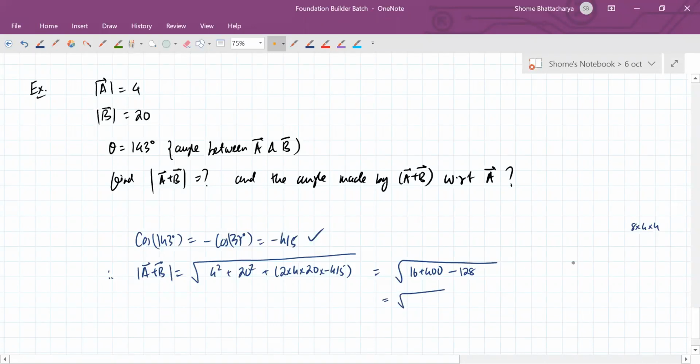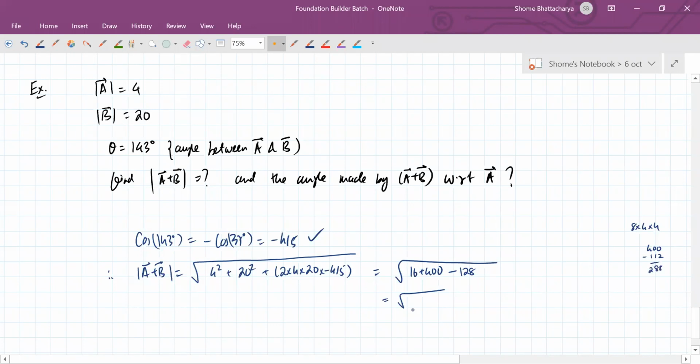So this will become square root of 400 minus 112.